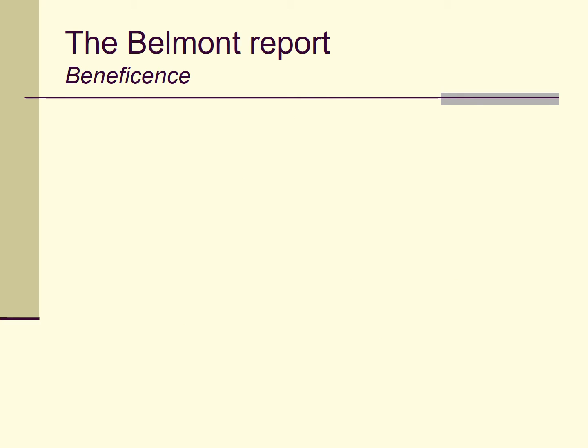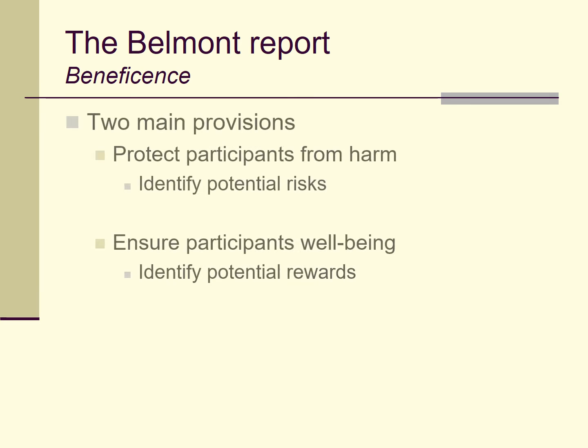The second principle from the Belmont Report is beneficence, and here again we have two main provisions. The first provision is that we want to protect participants from harm, and this seems fairly obvious, but it's important. Beneficence means doing good or doing right by people. And in order to protect participants from harm, we need to identify potential risks in research and, again, also in testing.